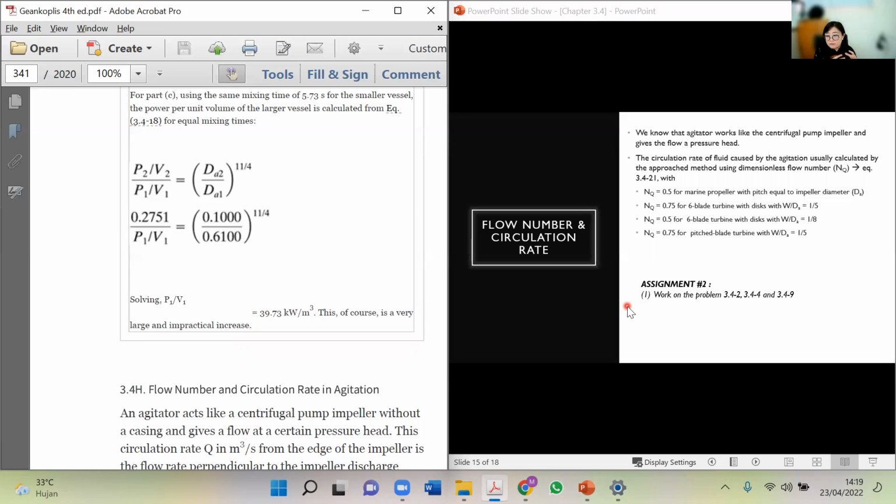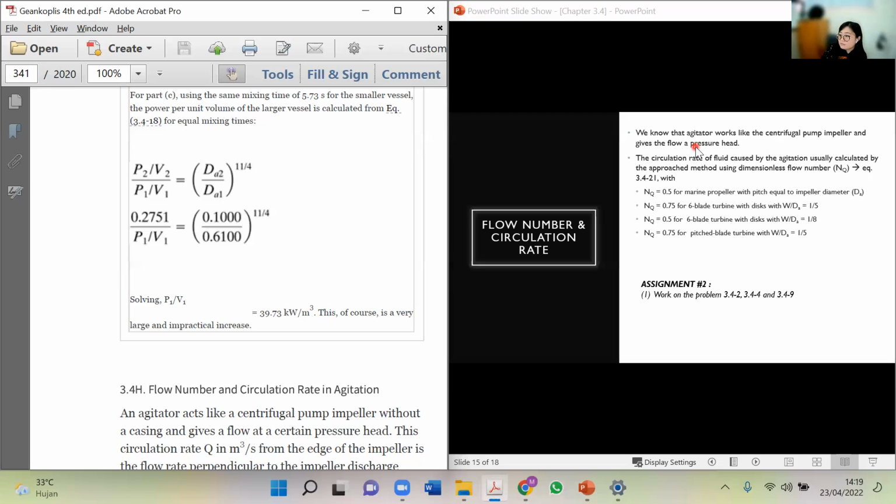The agitator actually works like that as well, like that kind of pump impeller, and it also gives the flow a pressure head.